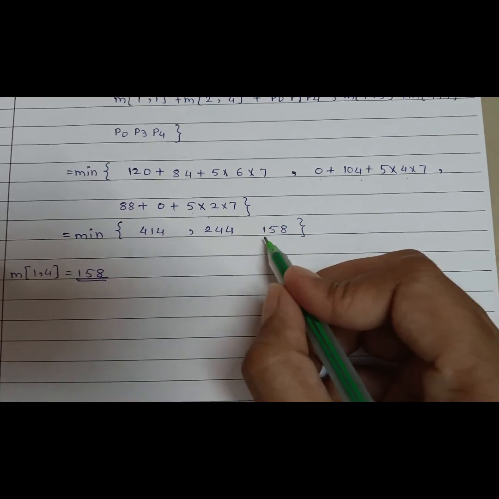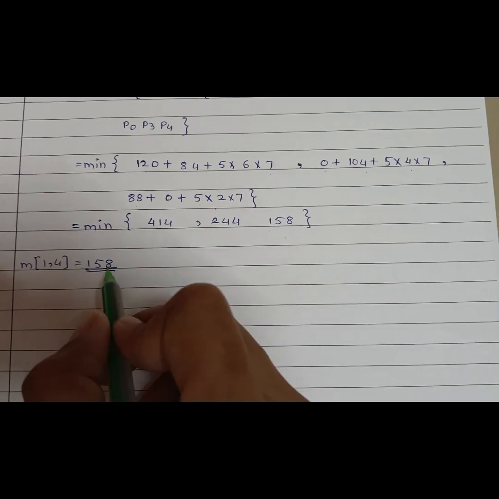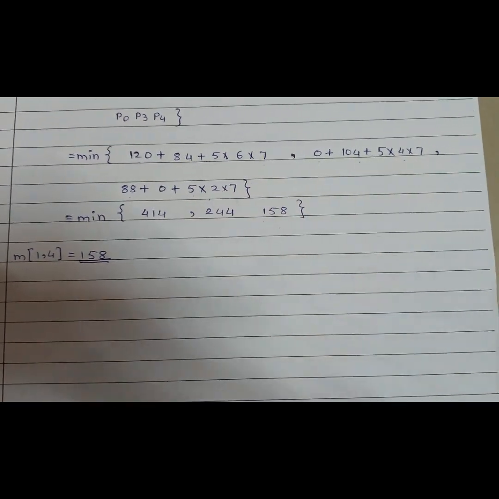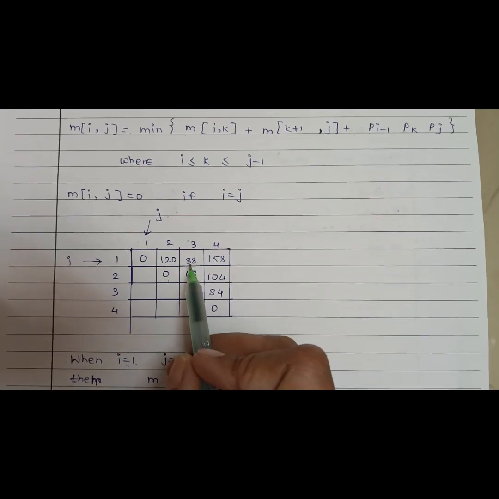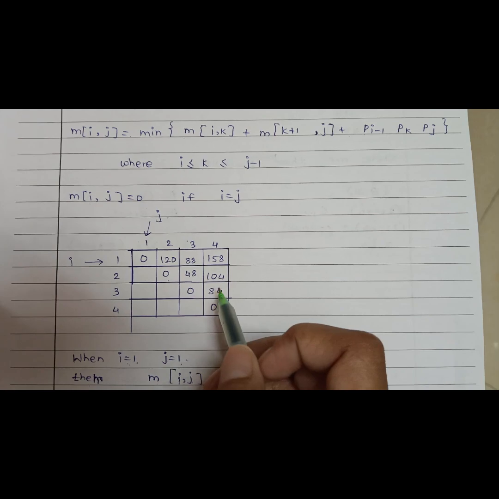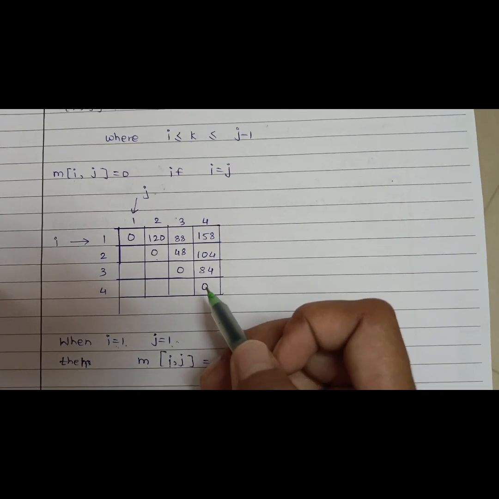Here the minimum is 158, so m of 1 comma 4 is 158. This is the minimum scalar multiplication. Put all these values in the matrix, and we get this type of matrix. This is matrix chain multiplication.